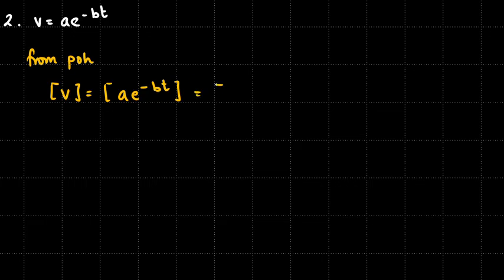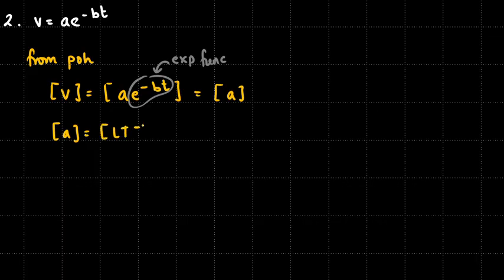This will also be equal to the dimension of A, since e to the minus B t squared is an exponential function, which does not have a dimension. That's why we can write only A. And since the dimension of velocity is L T minus 1, we can say A equals L T minus 1.